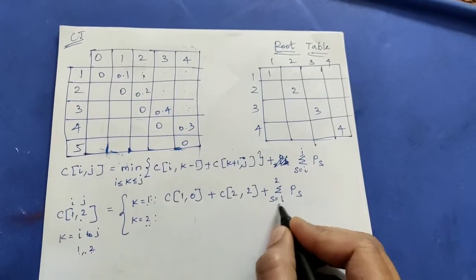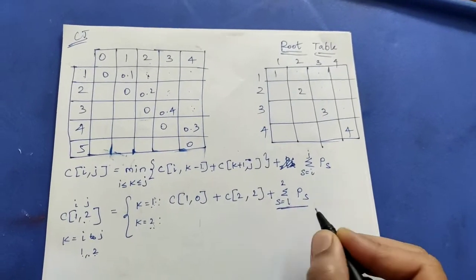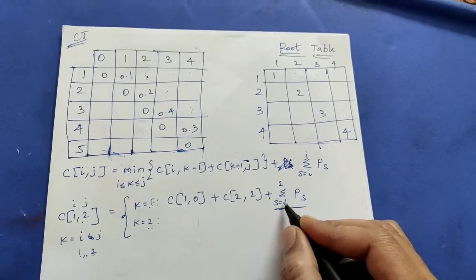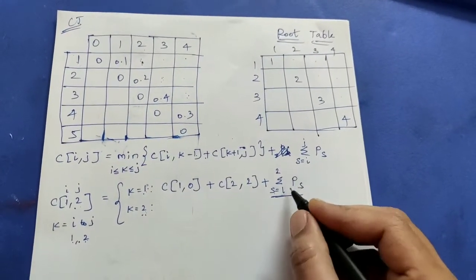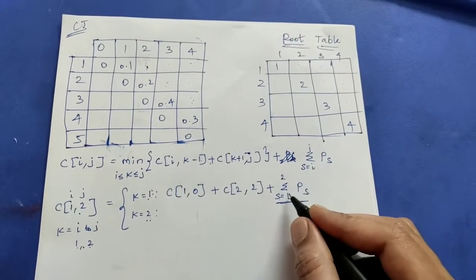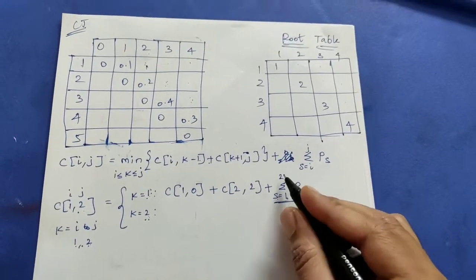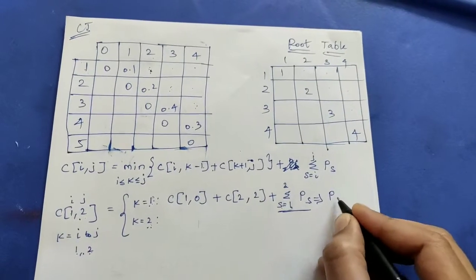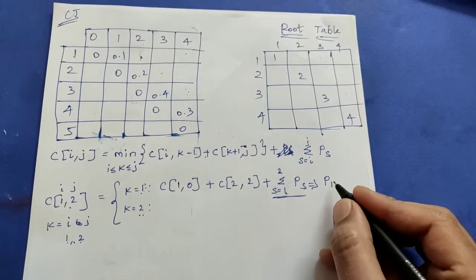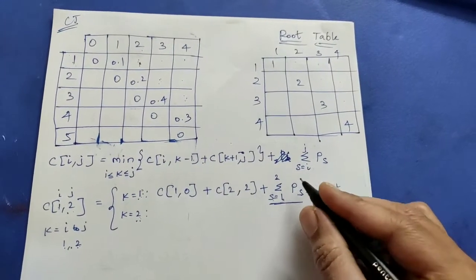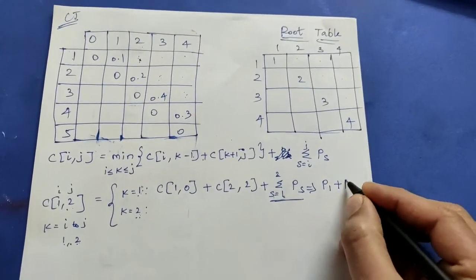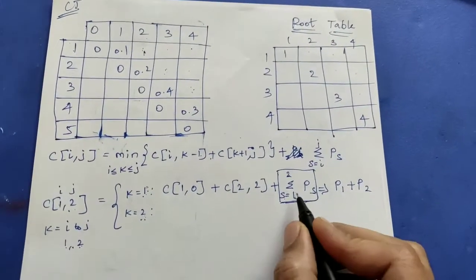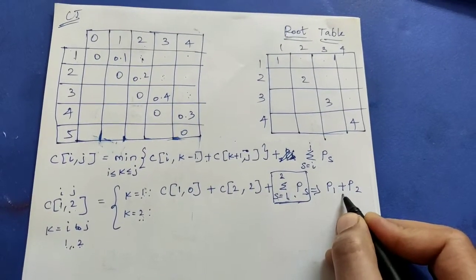Now if you expand this, apply the s value as 1 first. Summation is the sum of the probabilities, the sum of the probabilities of item 1 as well as item 2. So I rewrite this as P1 for s equals 1, plus P2 for s equals 2. This has been replaced with P1 plus P2.